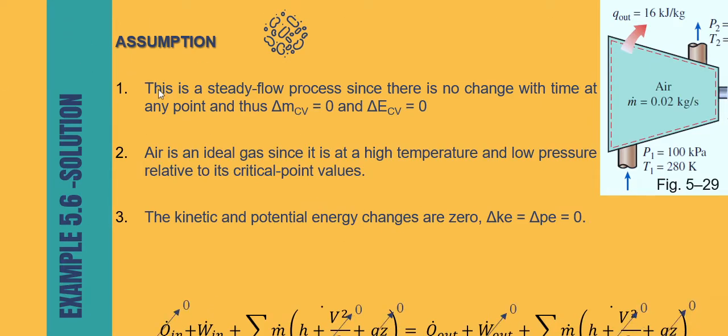Okay. So what are the assumptions? Obviously, your first assumption should be that this is a steady flow process. Because there is a steady flow, we assume that there is no change with time for mass and energy of the control volume. And then what else?